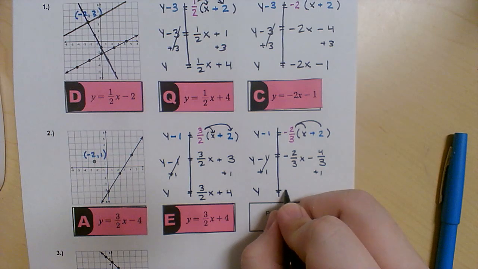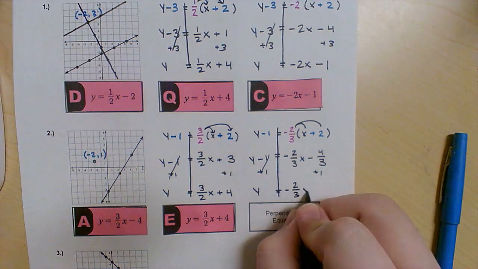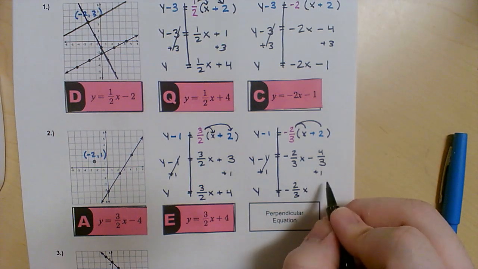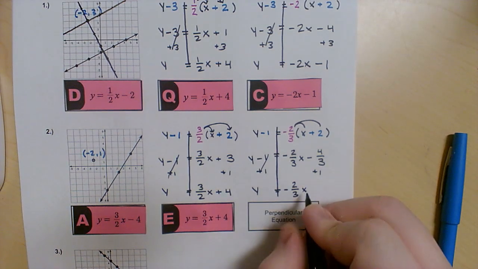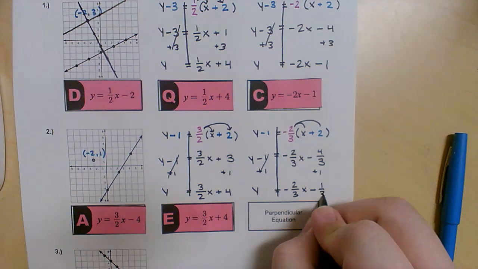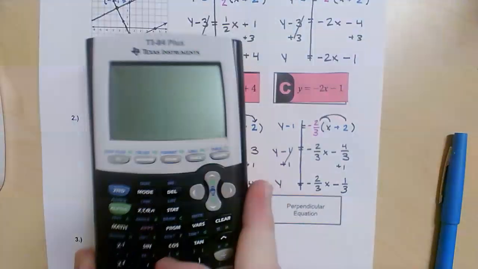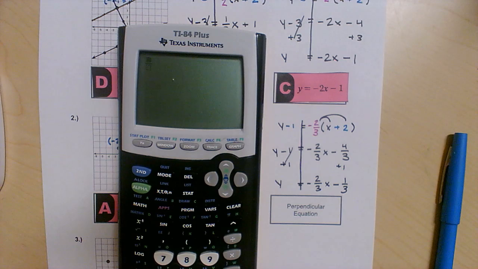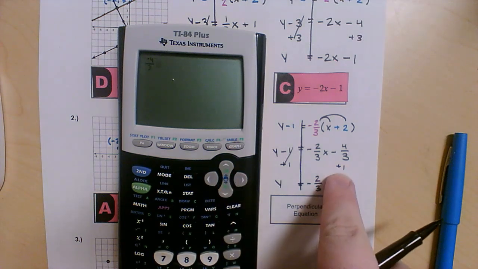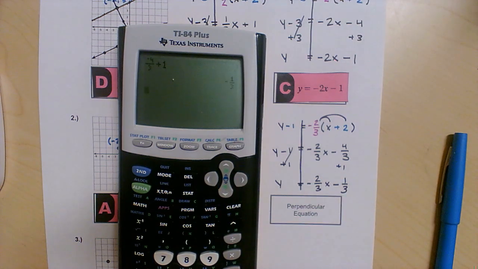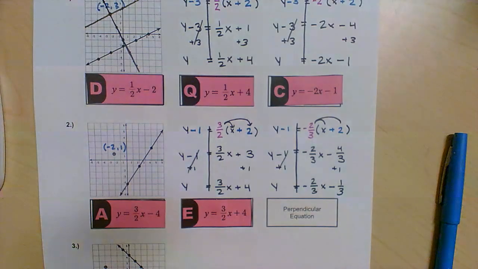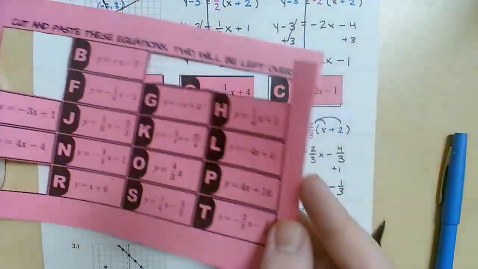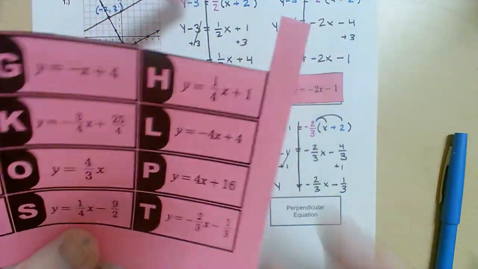Here, when I add 1 to both sides, I've got to either find the common denominator or make my calculator do that. -4/3 plus 3/3 is -1/3. If you want to use your calculator, -4/3 plus 1 is -1/3. And that is option T in the bottom right corner.